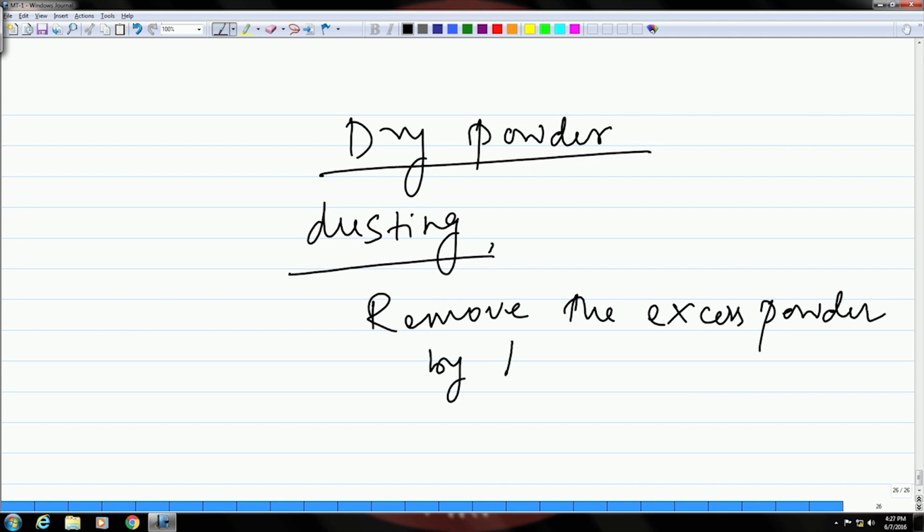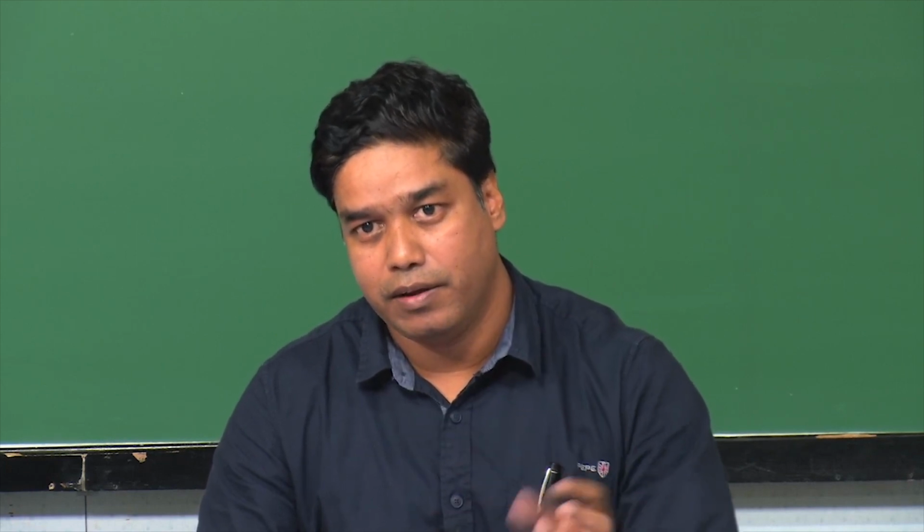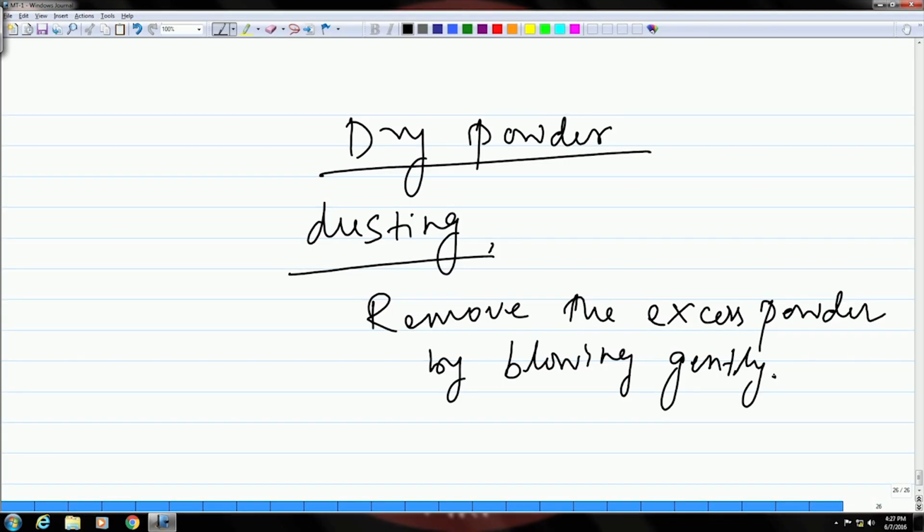Okay, so, you can use those small handheld blowers, wherein one side you have a small rubber pump kind of thing which can be pressed, and once you press it you can blow it. So, using that you can blow the excess powder from the surface.